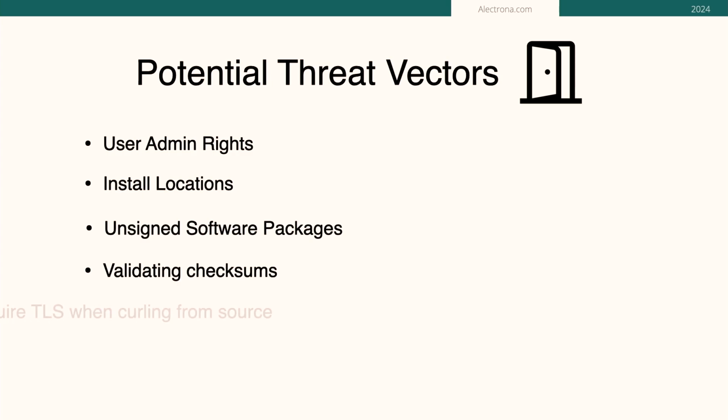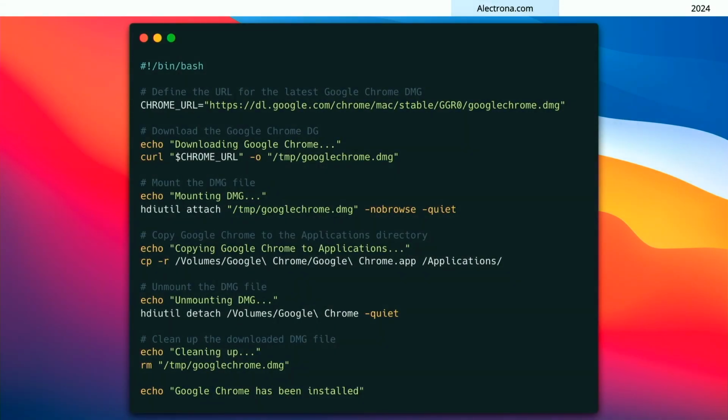And if you're using a binary to pull down such as curl, requiring TLS to ensure that communication is encrypted when the data is in transit. So those are a couple of the potential threat vectors here. And Ryan's going to kind of go back to the script that we mentioned earlier.